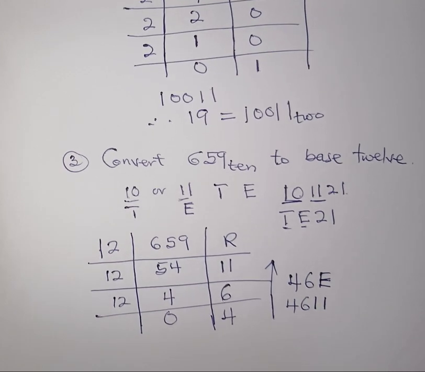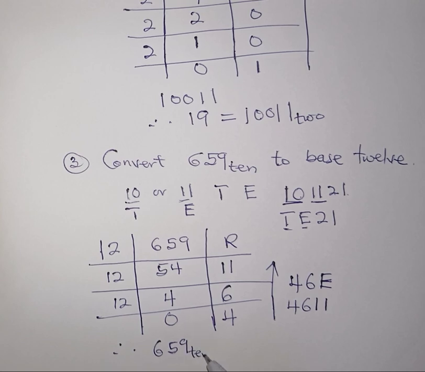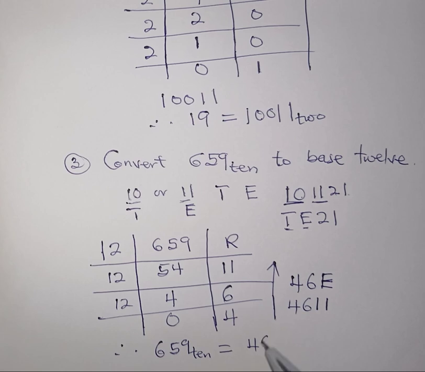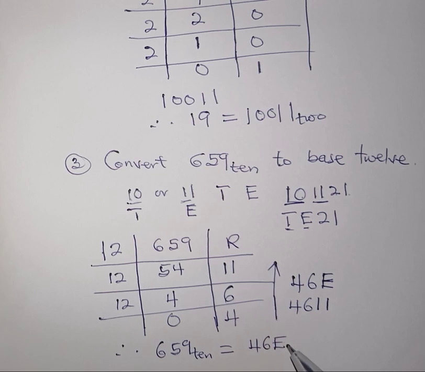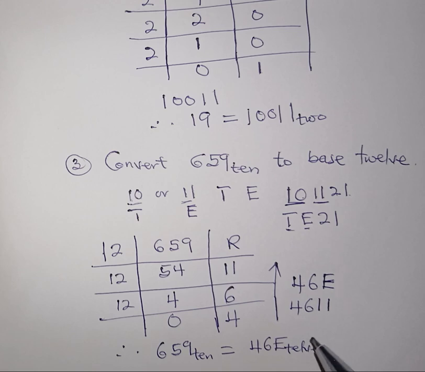Good. So you can then conclude that therefore 659 base 10 is equal to 46E base 12. Okay, yes, base 12.